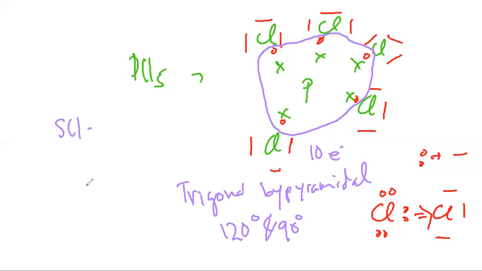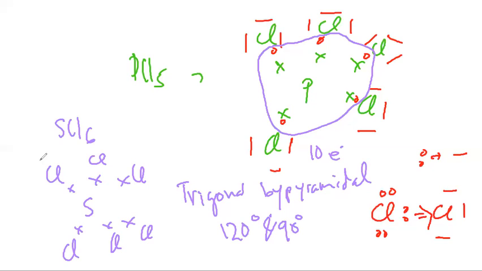And then lastly, I have, for example, SCl6. So 1, 2, 3, 4, 5, 6. Then I have Cl, Cl, Cl, Cl, Cl, and Cl. I'll use the same notation as the previous one.